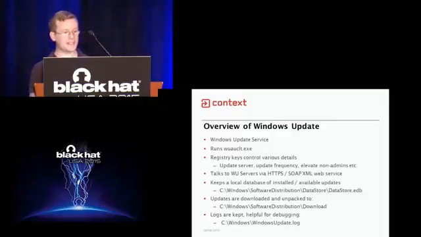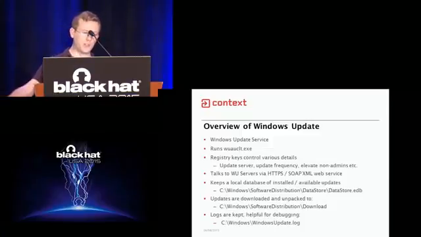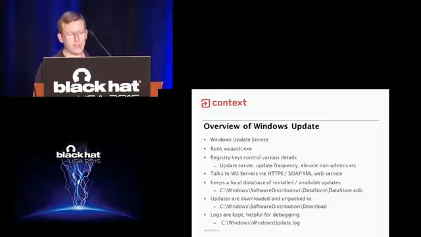There's a whole bunch of registry keys which control things like how often updates are checked for, when they get applied, what server to talk to, and so on. And the actual protocol itself, the way that your computer talks to Microsoft servers, is a SOAP web service that goes over HTTPS, and we're going to take a look at that in detail later on.